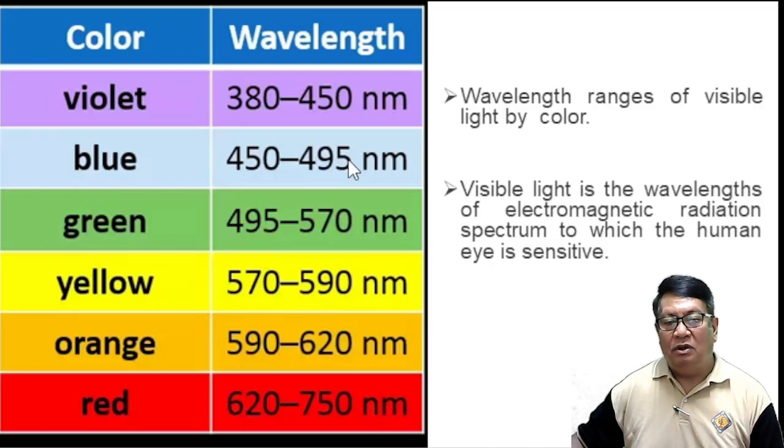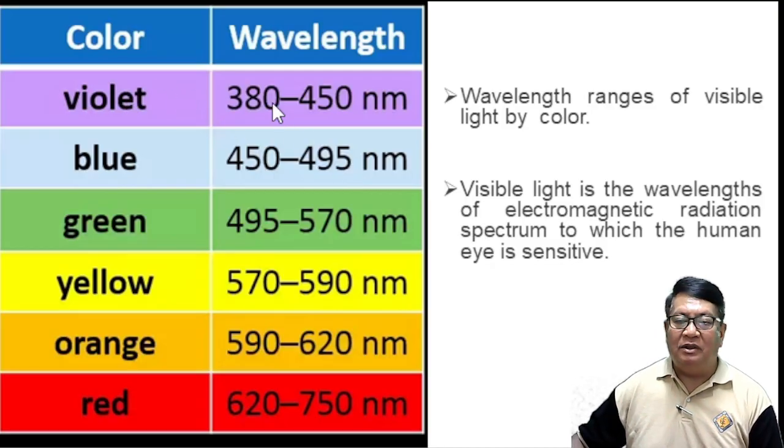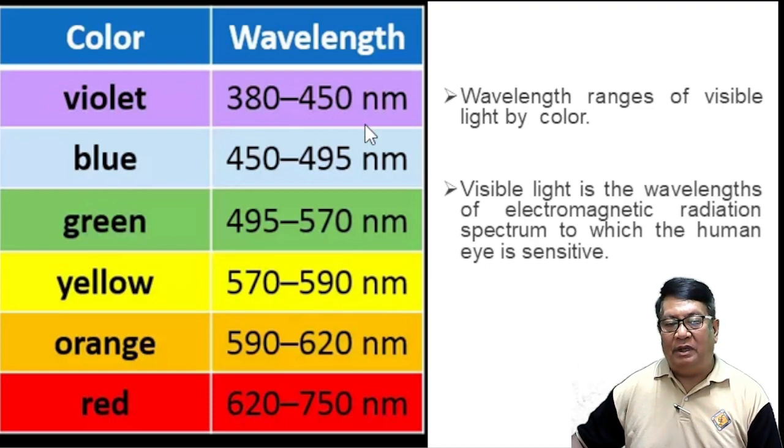The wavelength of violet is 380 to 450 nanometers. Then we have blue, green, yellow, and orange, and red here is 620 to 750 nanometers. So these are the wavelength ranges of visible light by color, which is why we have different colors here.